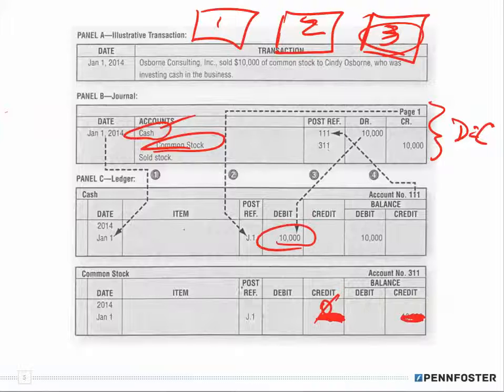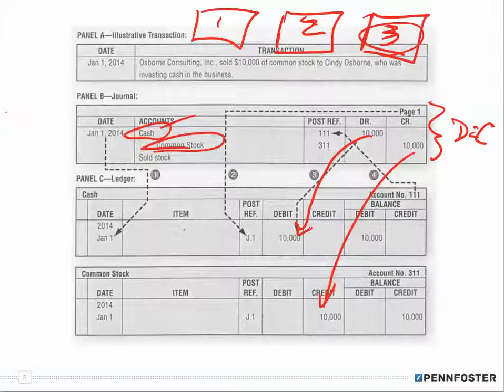But you have a debit of 10,000 in your cash account. Well, that does not equal. So when you make that journal entry, make sure that you're posting both halves of the journal entry, the debit to one account and the credit to the other account.